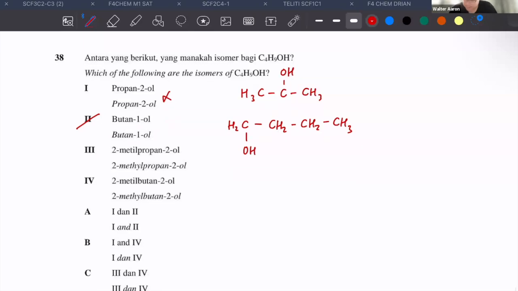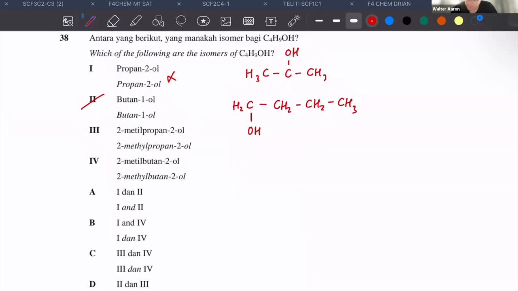And then 2-methylpropan-2-ol. So 2-methylpropan-2-ol will be, so this will be CH3 and OH. Calculate the number of carbon atoms and number of hydrogen atoms and oxygen. You should also get this is correct.